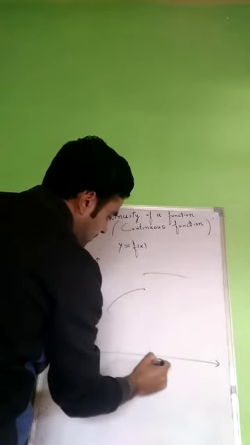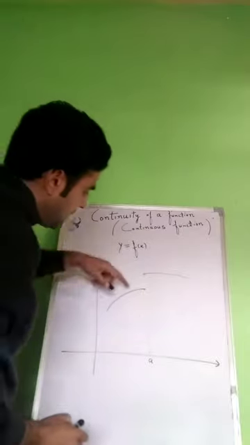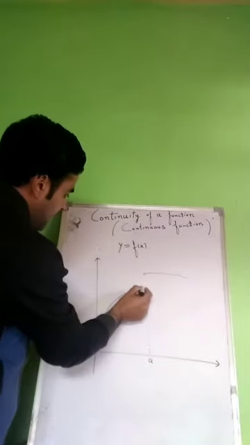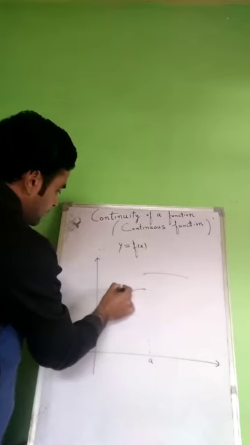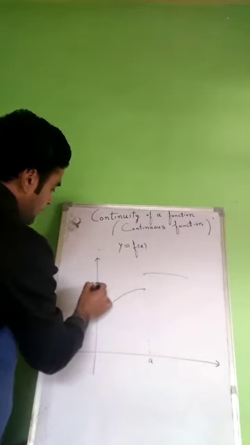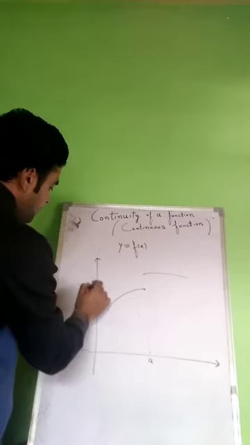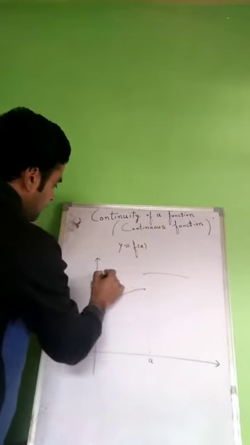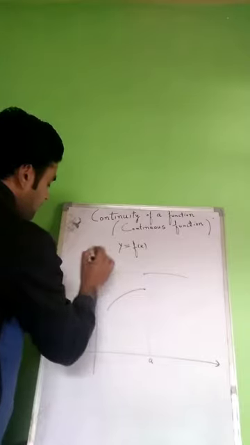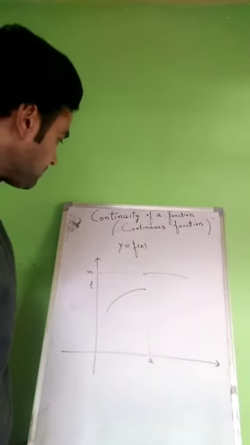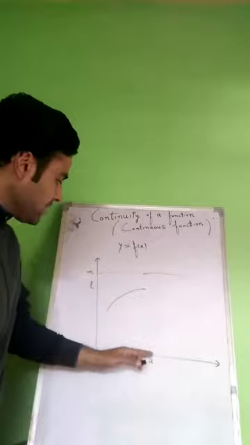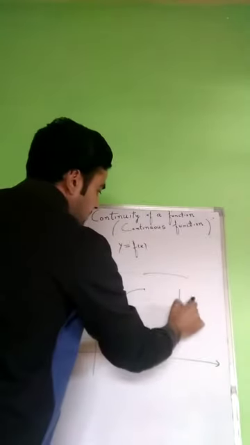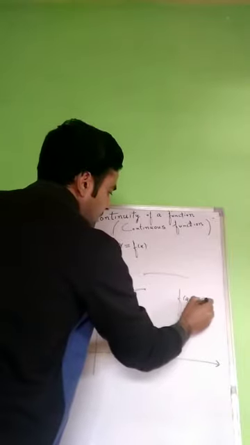At point A, let this end of the graph be at height L, and this be at height M. Then the value of the function at A is equal to L. That is, f(A) is equal to L.